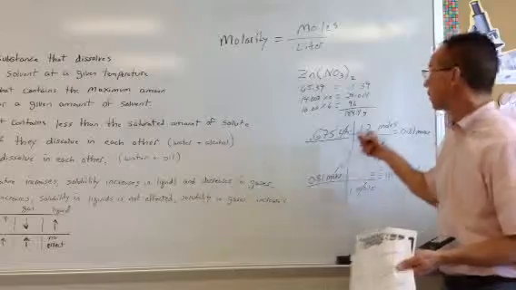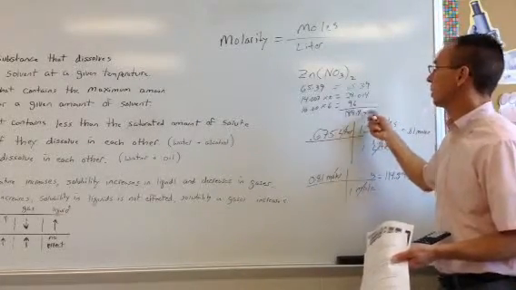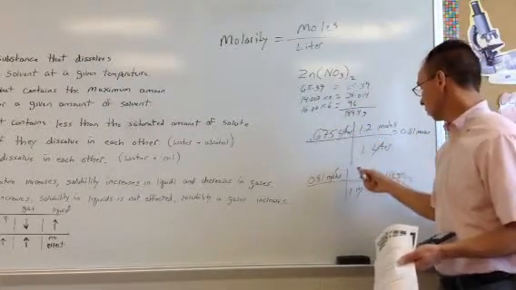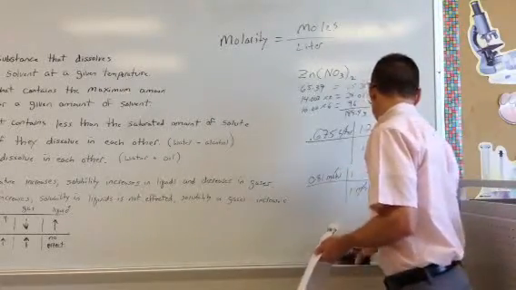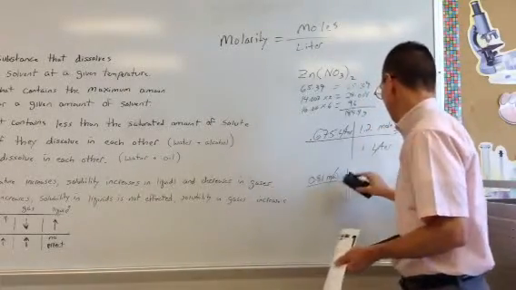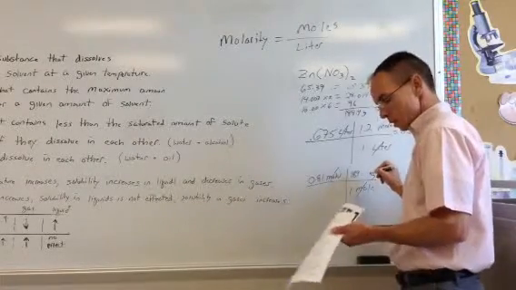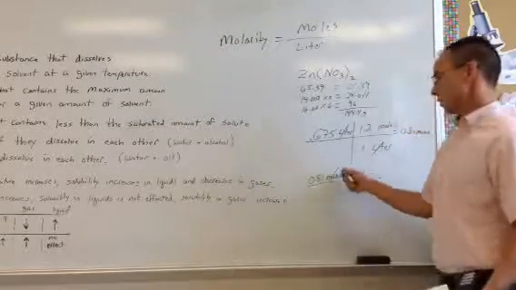Okay, what that tells me, I have 189.4 grams of zinc nitrate in 1 mole. So that number plugs in right here. 189.4. My moles cancel.